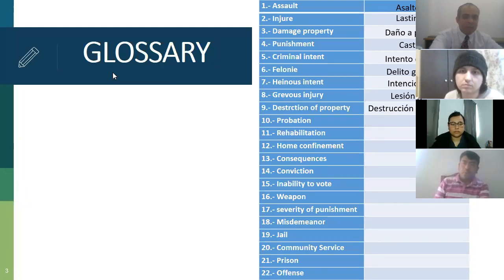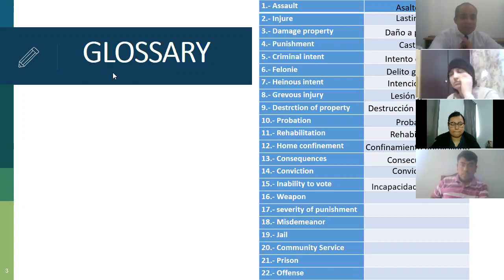Probation and rehabilitation, those are easy too. Probación, rehabilitación. Home confinement means confinamiento domiciliario. Consequences, consecuencias, conviction, convicción. Inability to vote is incapacidad para votar. Weapon means arma.